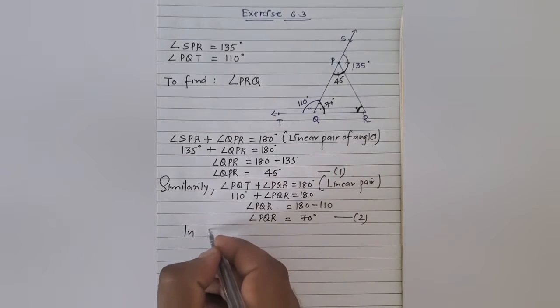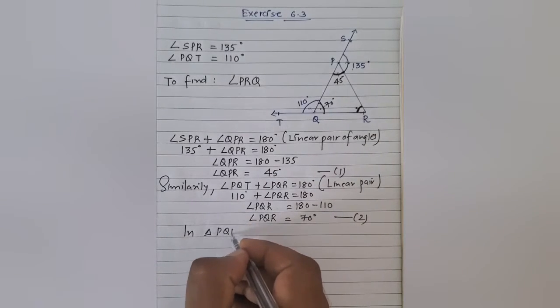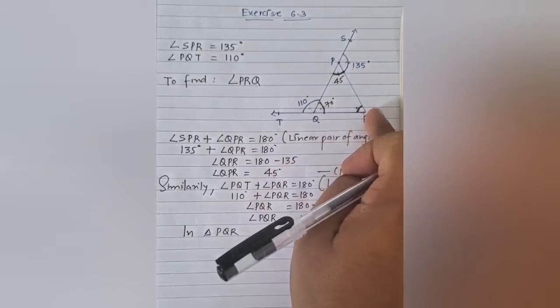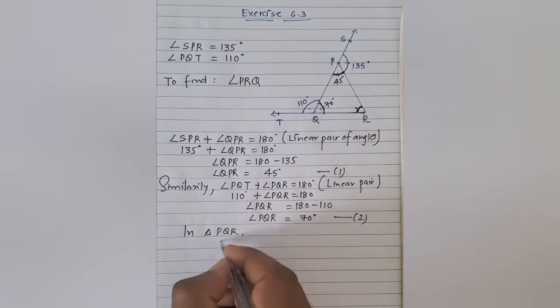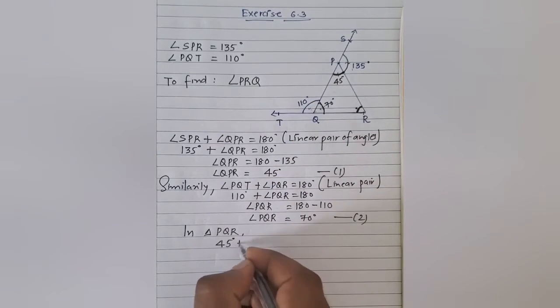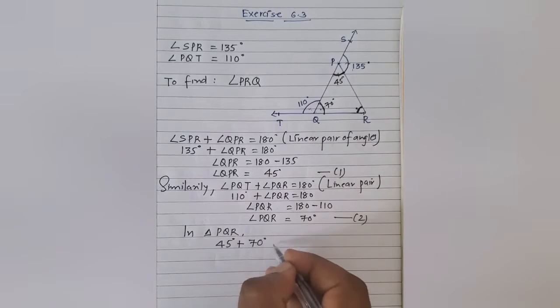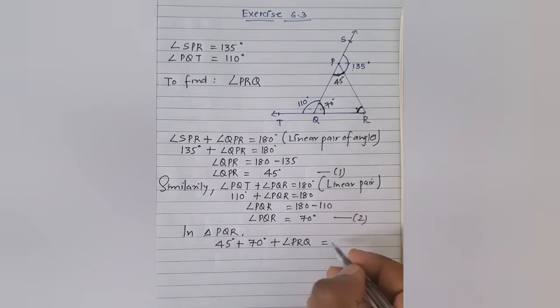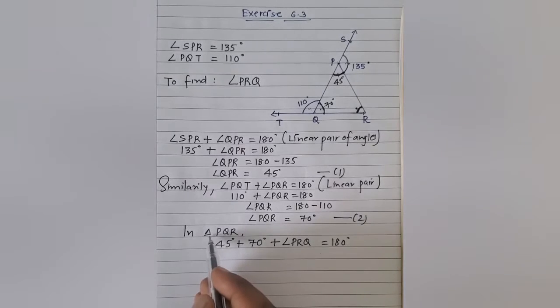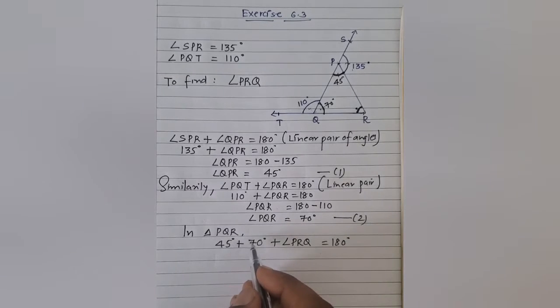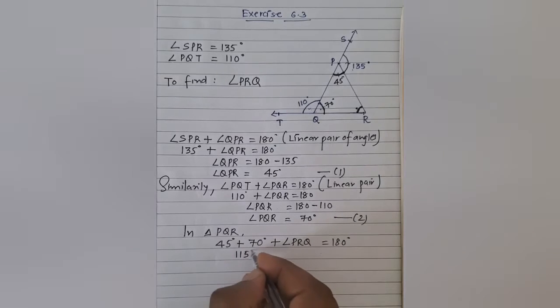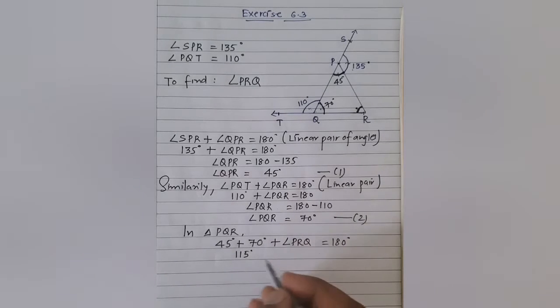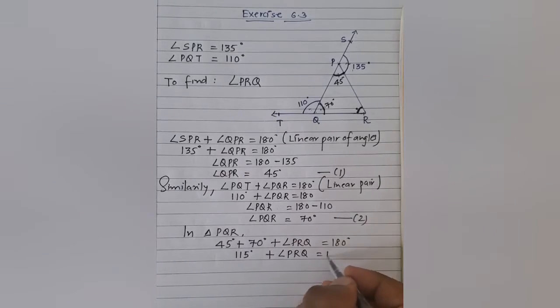In triangle PQR, I'll write 45 degree plus the 70 degree angle plus the unknown, that is PRQ angle, should be equal to 180 degree because that's a triangle. So 45 plus 70 happens to be 115. So 115 plus angle PRQ is equal to 180.